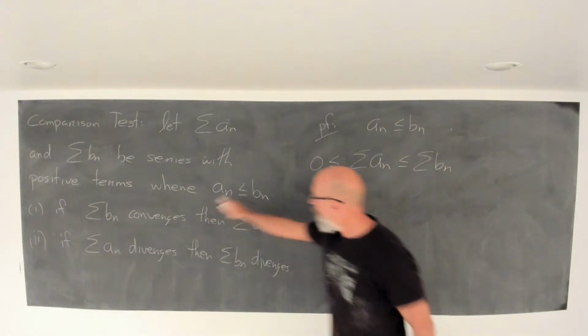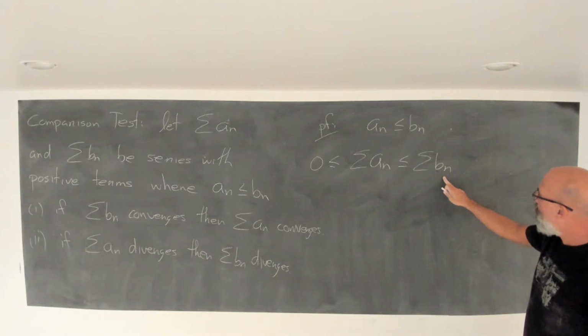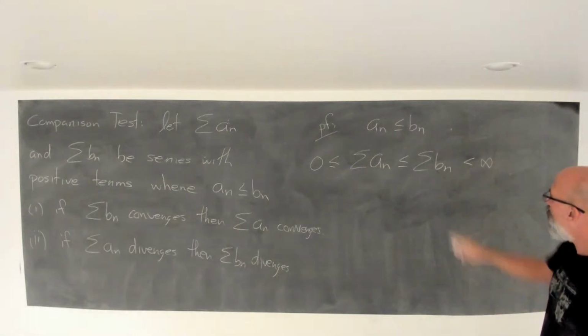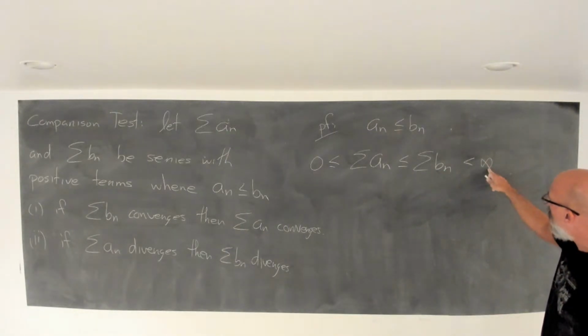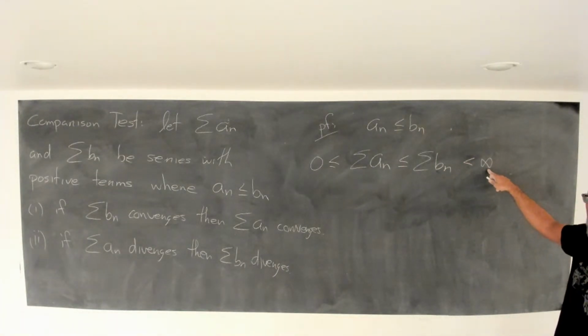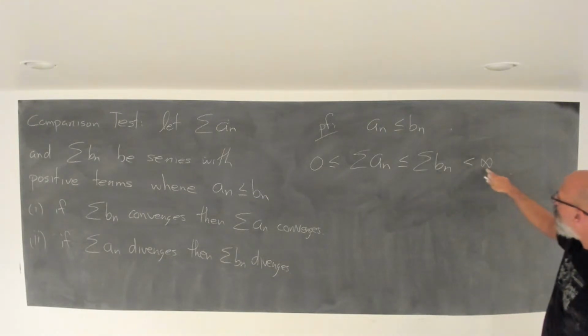If the series b_n converges, what does it mean to converge? It means that this approaches a finite number. In other words, that this is less than infinity. If the big one is less than infinity, then the small one is less than infinity. So if the big one converges, the small one converges.